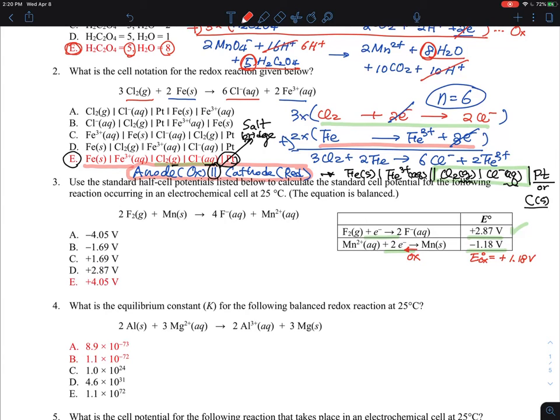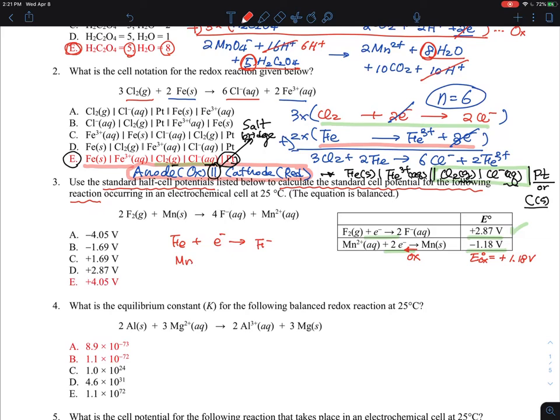And then they ask you, using the standard half cell potentials listed below, calculate the standard cell potential for the following reaction. Okay, and this reaction is balanced. So you start looking at the reaction. By writing this, I can write F2 plus 2 electrons, going to F minus, whereas the manganese is being oxidized.